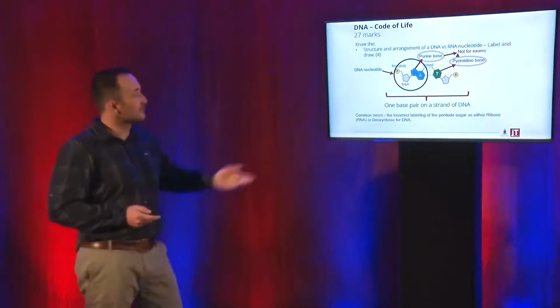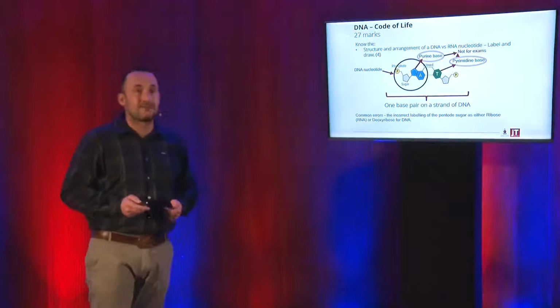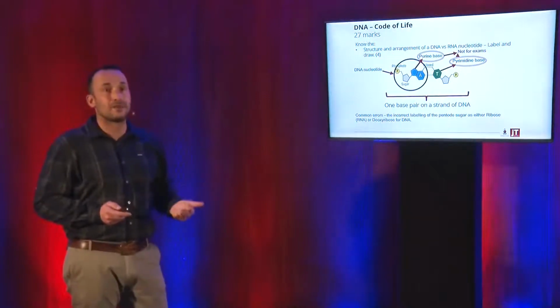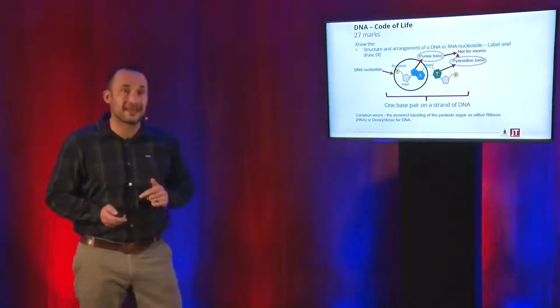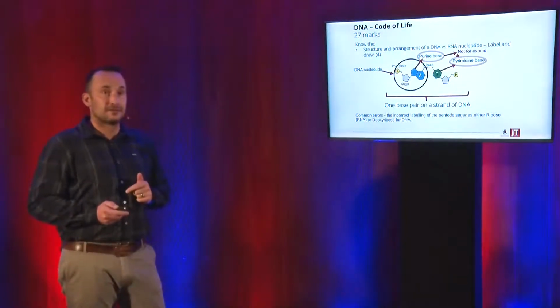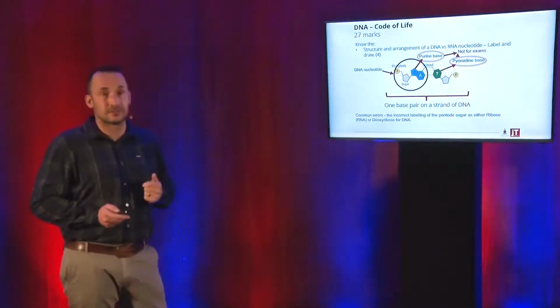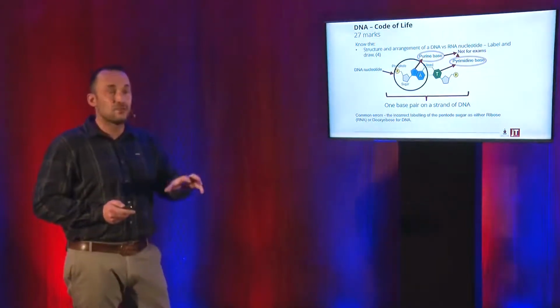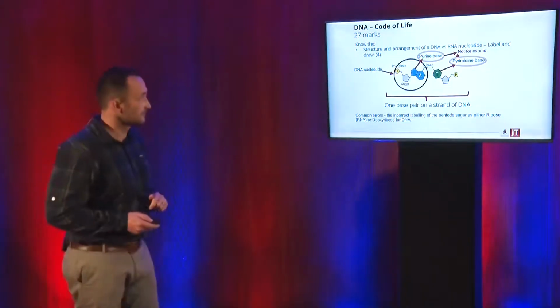There's a second difference when we look at the bases. DNA bases, we're going to have adenine, cytosine, guanine, and thymine. But if we're looking at an RNA nucleotide, the thymine base is substituted out by the uracil base. So that's one easy way to determine which of the 2 nucleotides you're actually looking at.